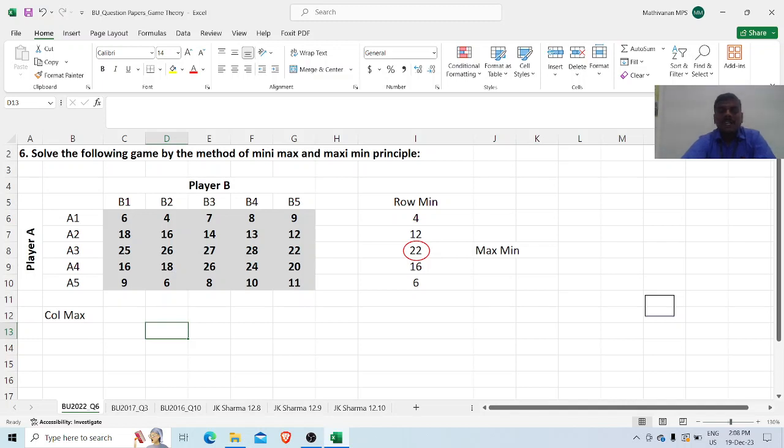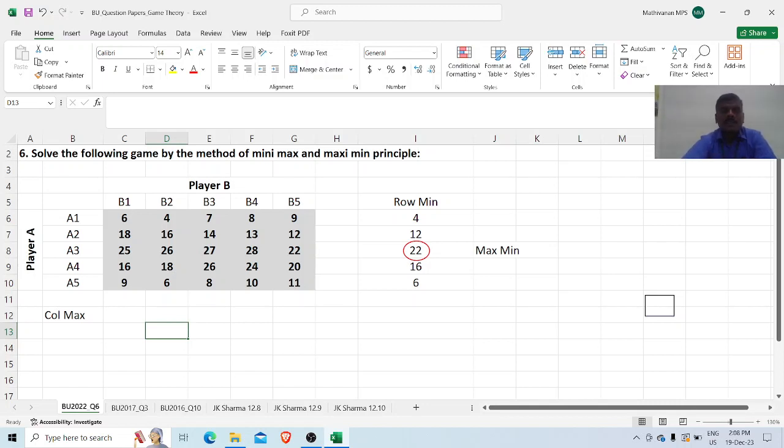Likewise, the entire table can be interpreted from the point of view of player B. So here we are identifying the maximum values. Those maximum values are the loss for player B while using a particular strategy.